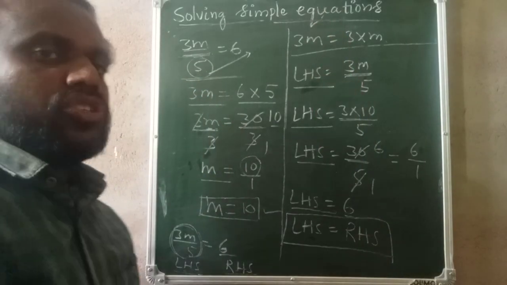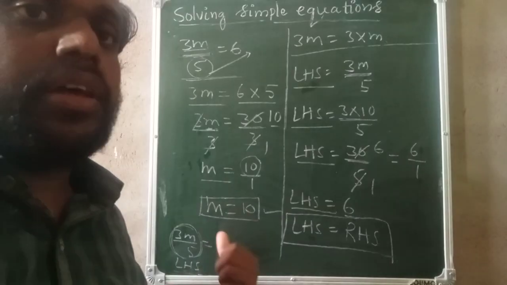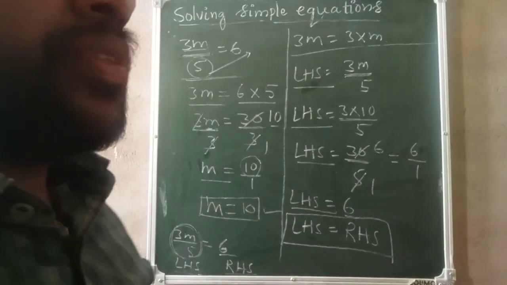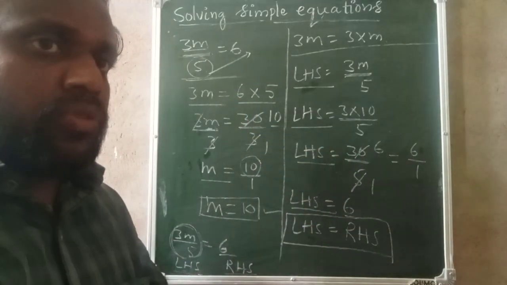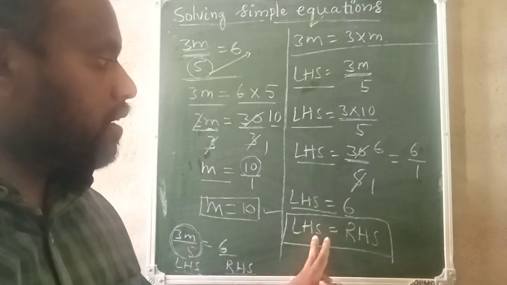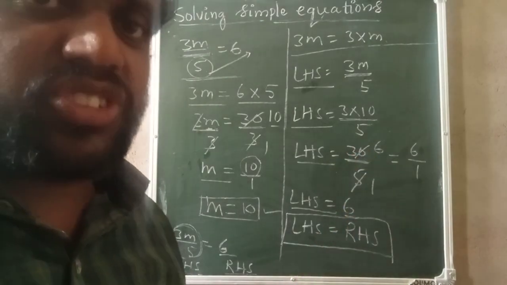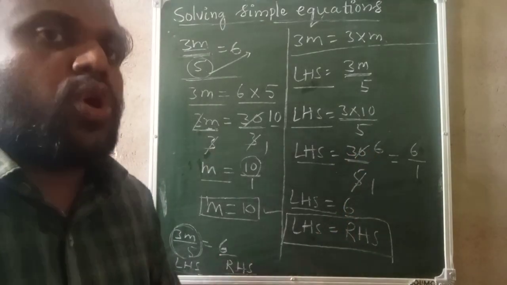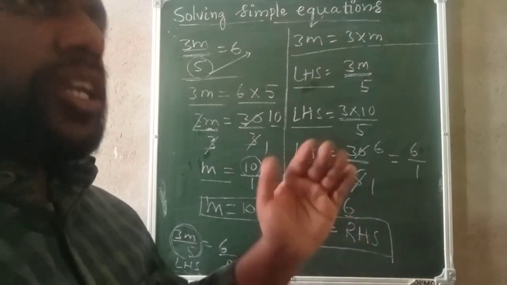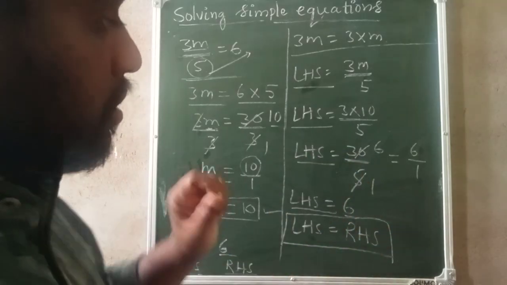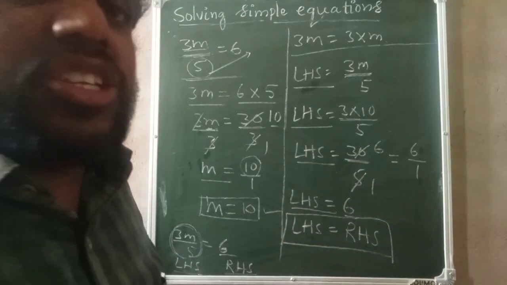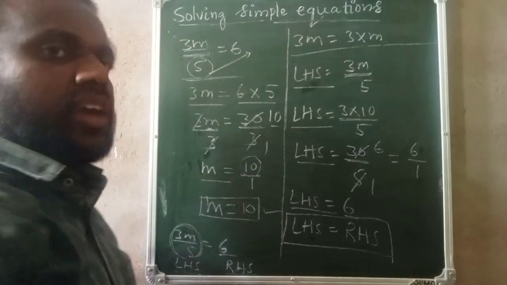So like this you can check whether the answer is correct or not. If the answer is wrong, we will get LHS is not equal to RHS. When LHS is not equal to RHS, that means the answer is wrong. But here we got LHS is equal to RHS, so the answer is correct.